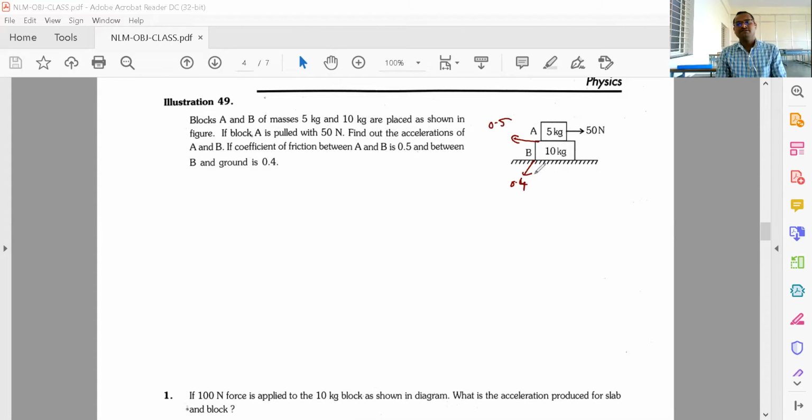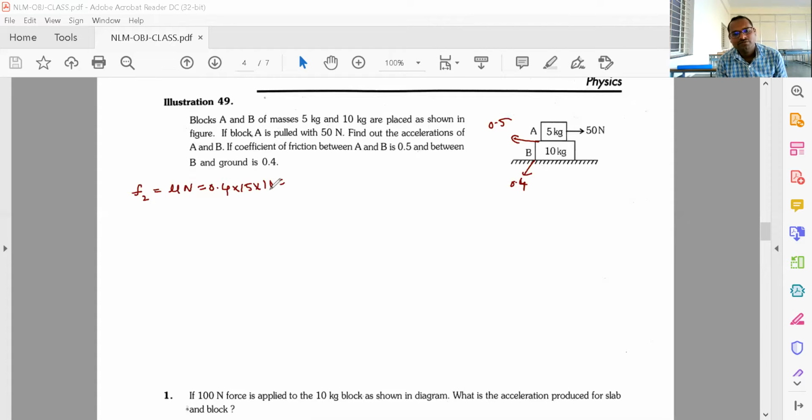First, whether the motion is possible or not, let us find. For that, let us find the friction between block B and ground. That is the second friction I am calling. It is mu into normal reaction. Mu value is 0.4 and normal reaction is the total weight of 2 blocks. So 10 kg plus 5 kg is 15 kg, into 10.